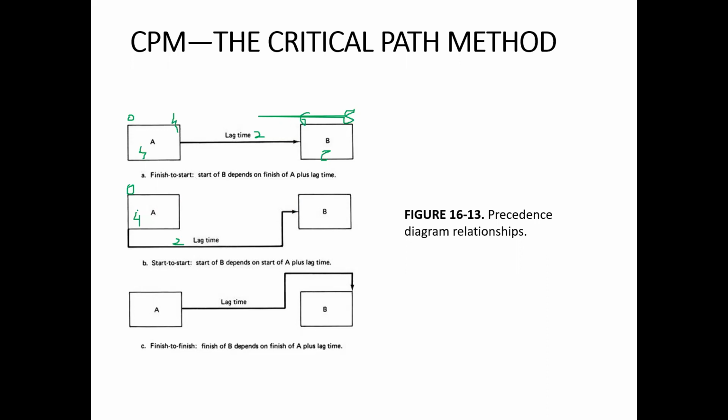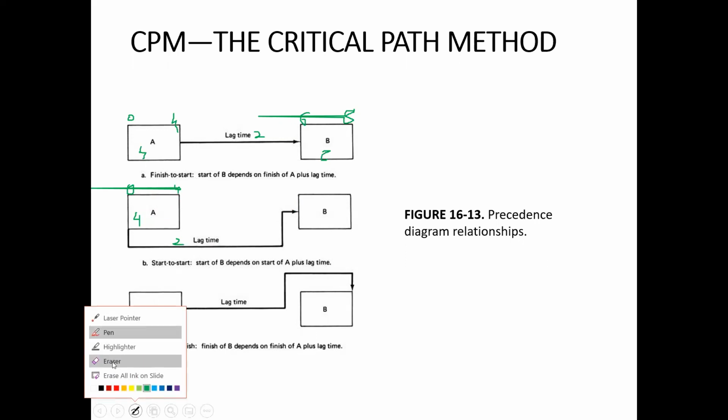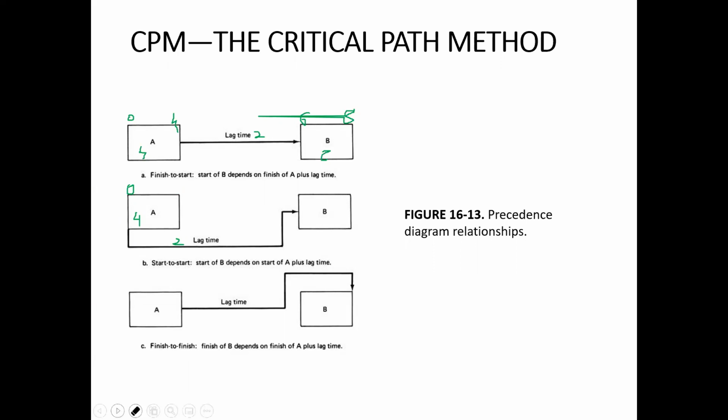Although activity A can finish at 4 days, activity B does not have to wait for the finish of activity A. Activity B can be started as soon as the lag of 2 days is completed between the start of activity A and the start of activity B. So activity B can be started in this case at 2 days instead of 4 plus 2.